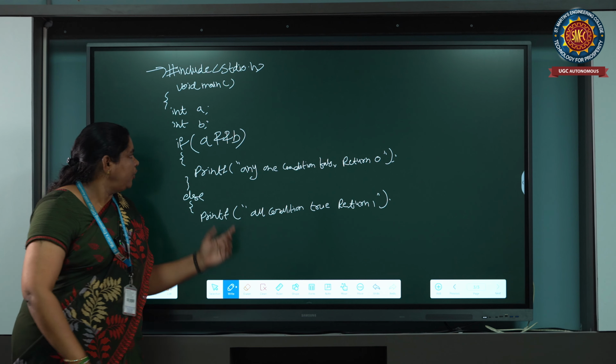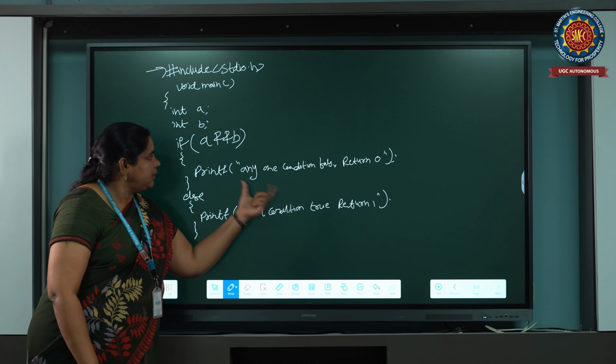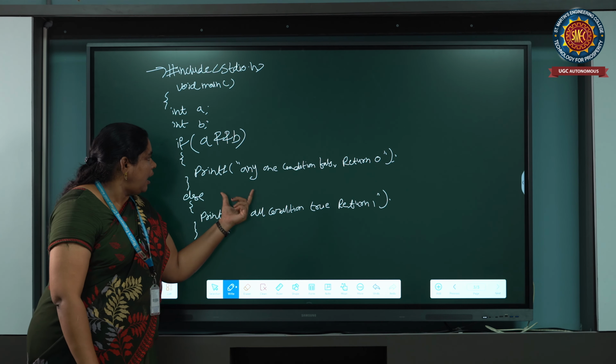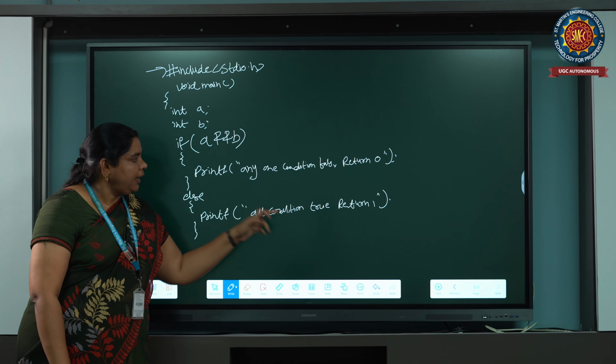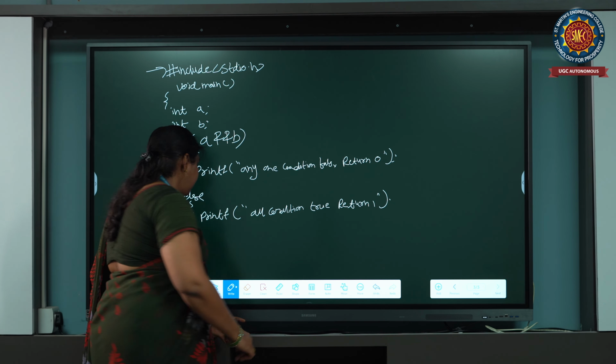So this is about the if condition: if it is false, print return 0, otherwise if all conditions are true, return 1. So that is AND. And next, what about the next one?